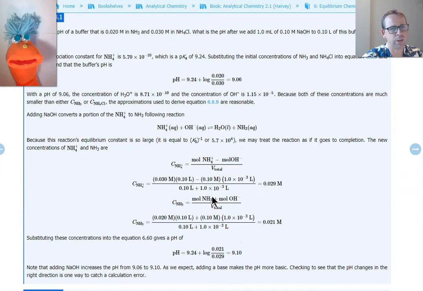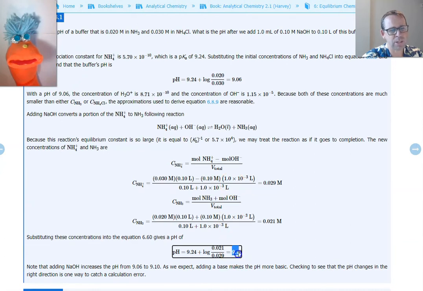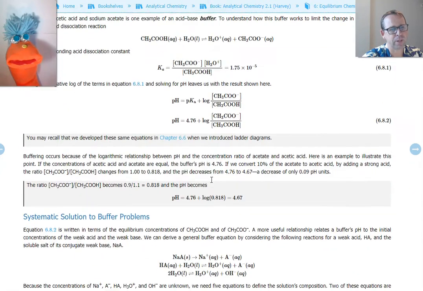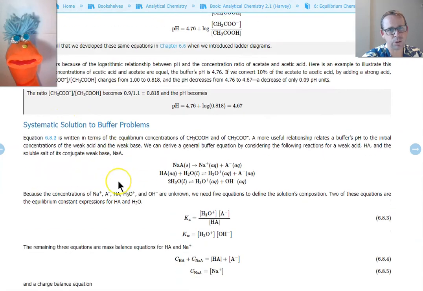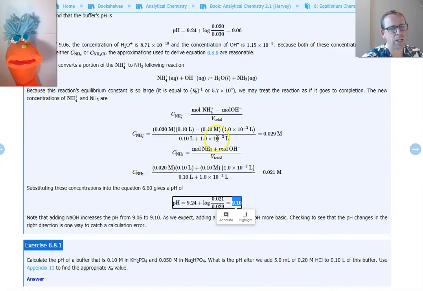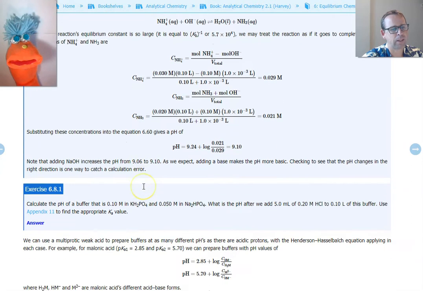Okay, very good. They get a little bit more precise here by using systematic solutions, right? But that is generally not where we're going to be spending most of our time.